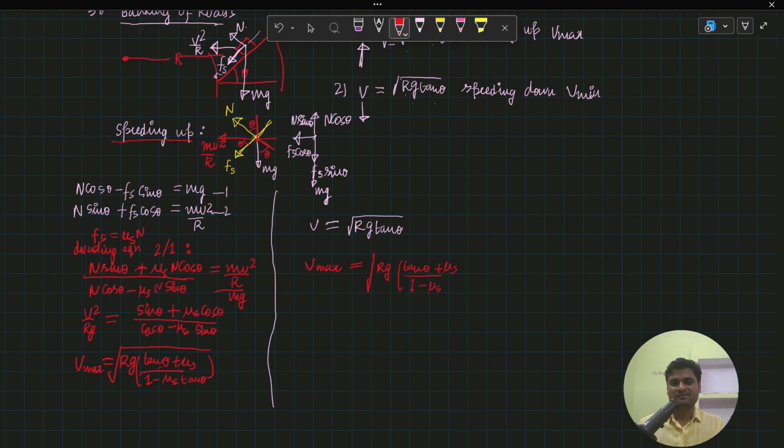And even if we want to go beyond this velocity, this is the maximum force that friction can apply to stop from skidding. So if you go beyond this velocity, the car or the vehicle will skid.